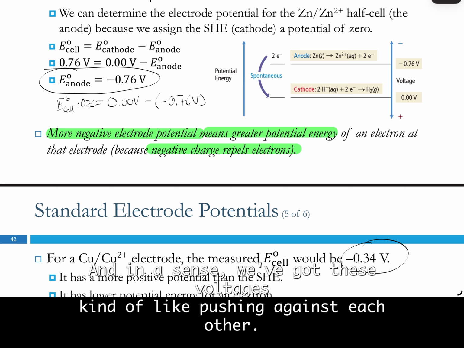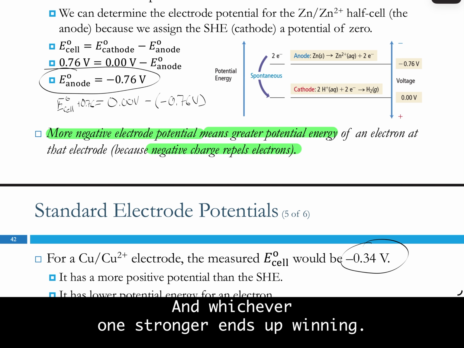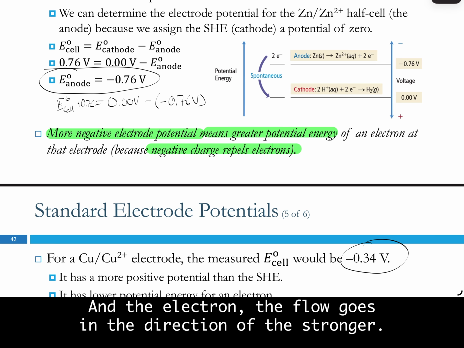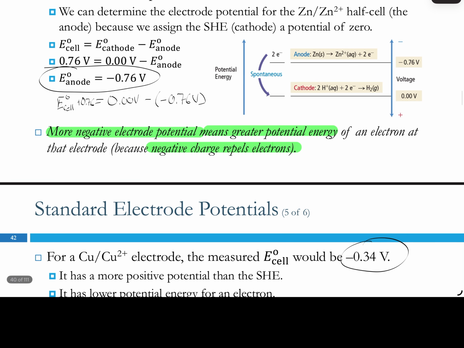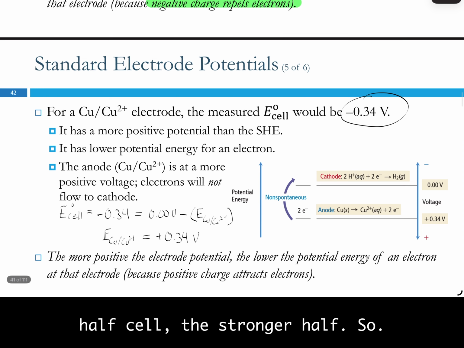And in a sense, we've got these voltages kind of pushing against each other, and whichever one's stronger ends up winning, and the flow goes in the direction of the stronger half cell.